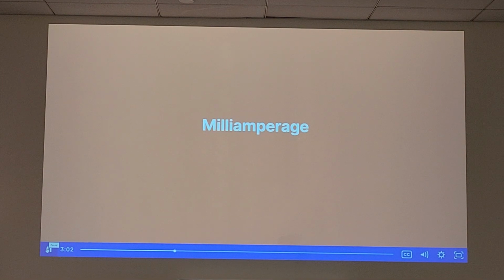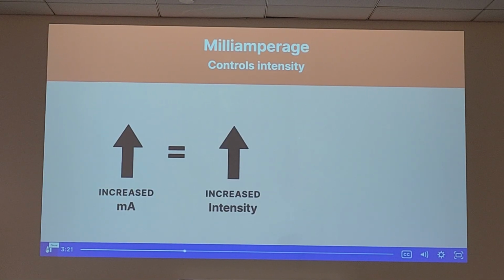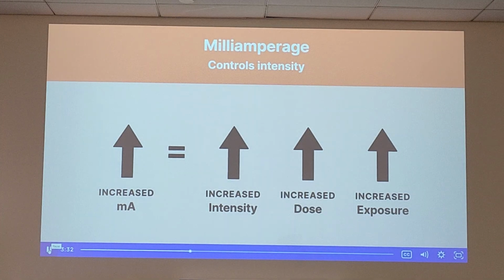Milliamperage, also called mA, is a setting which specifically controls the number of X-rays flowing from the X-ray tube per second. Basically, the mA controls the intensity of the X-ray beam. And so changes in the mA have important and predictable effects. If we increase the mA, that also increases the tube intensity, it increases the dose to the patient, and increasing mA will also increase the exposure to the receptor.